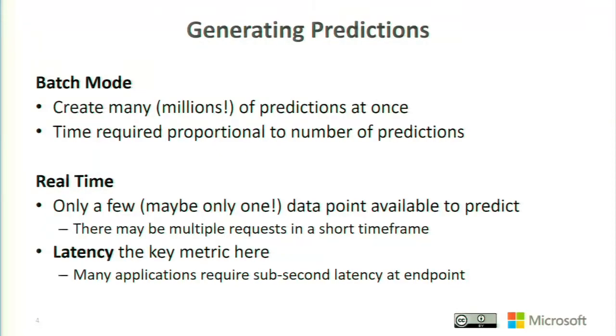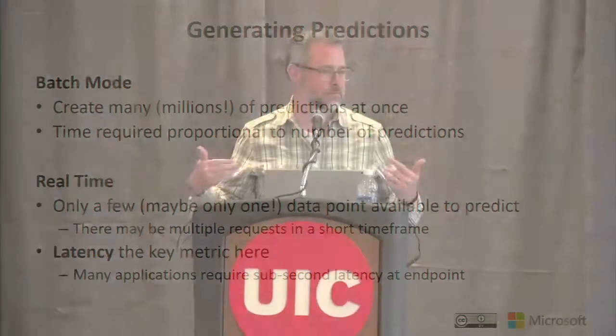But what characterizes these batch mode environments is you've got many rows of data to make predictions from, probably millions of them. You don't care too much about the time because you're probably doing it overnight, but the time it takes to generate these predictions is generally proportional to the number of predictions you've got to work with, so that could be minutes, maybe even hours, depending on what you're doing. That's not what I want to talk about here today.